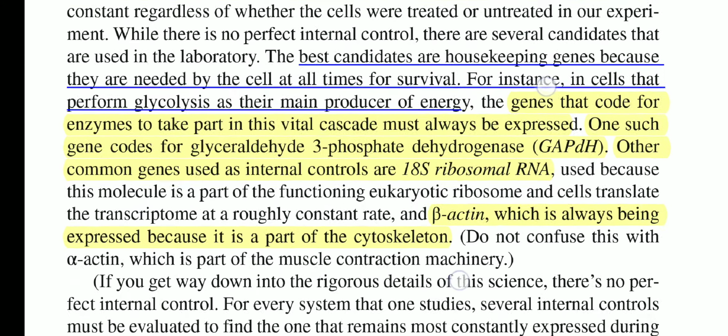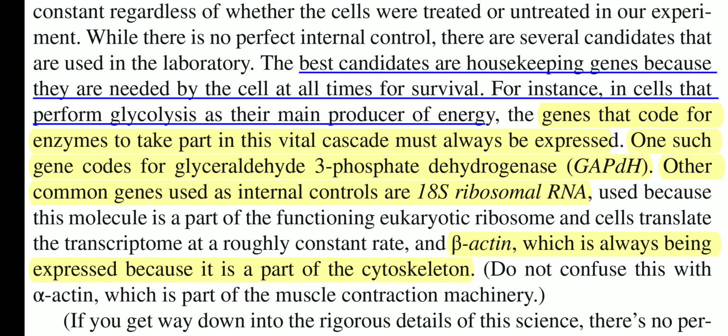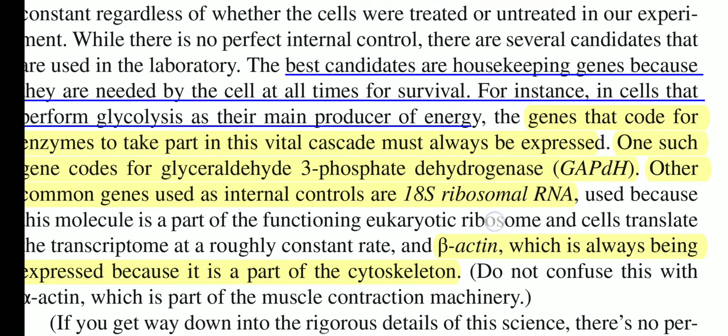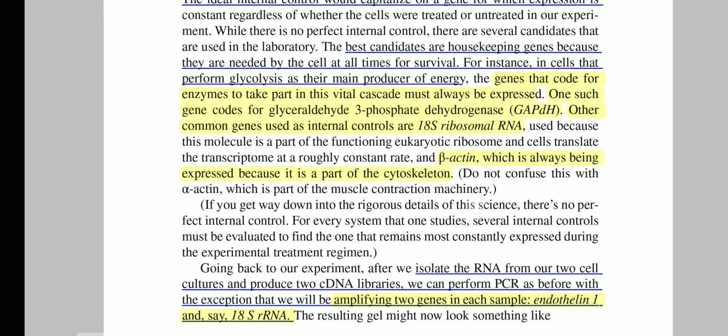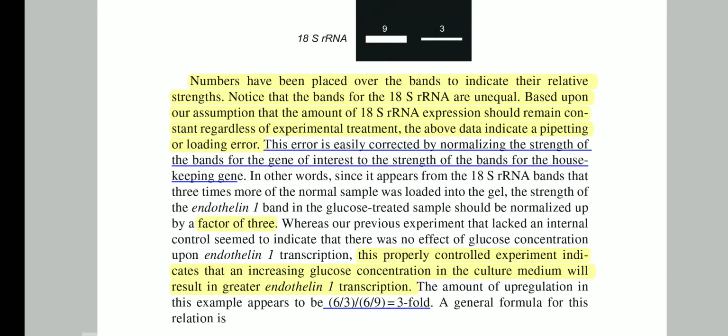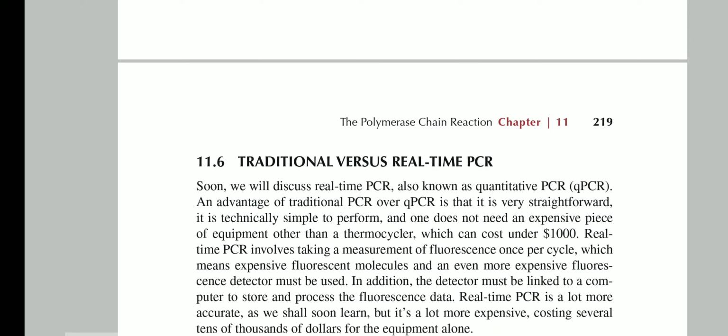Here also beta actin is expressed, as is the glycerol 3 phosphate dehydrogenase enzyme, and 18S ribosomal RNA, etc., which are commonly used as indicators. Okay, this is the thing.